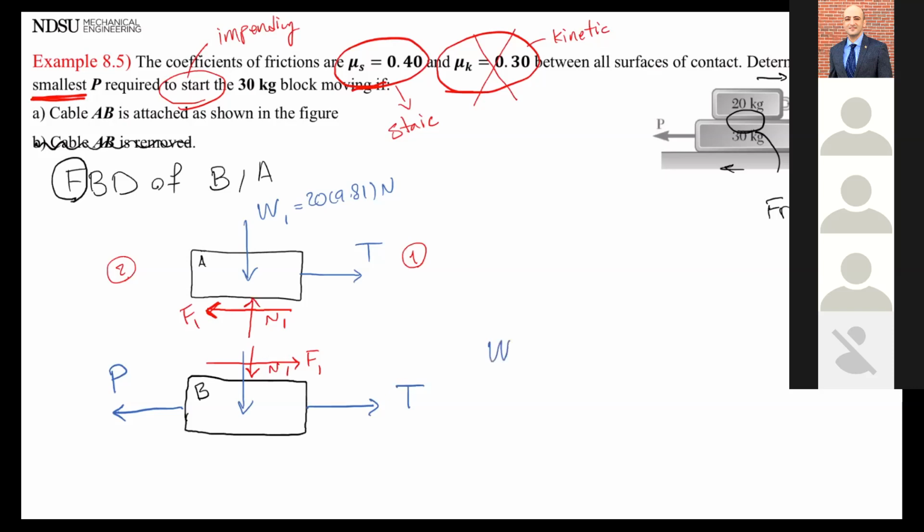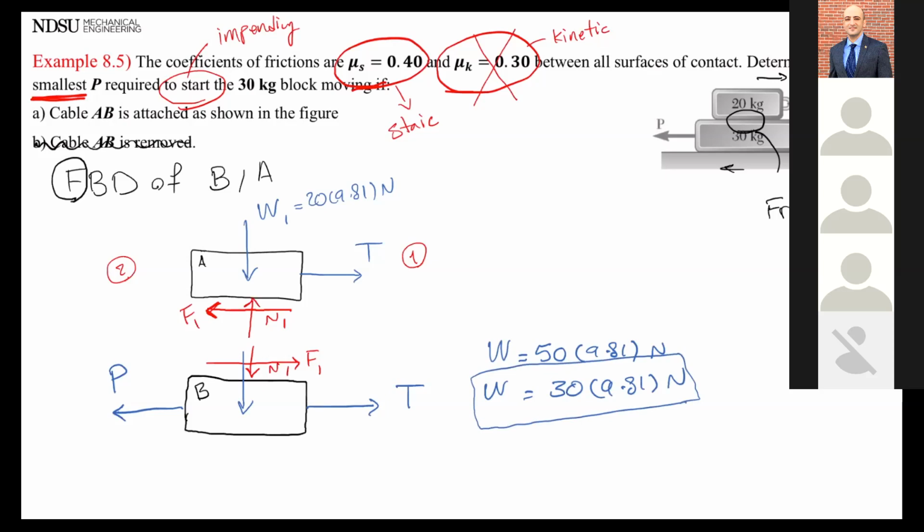Is my weight 50 kilogram or is my weight 30 kilogram? 30 because the other 20 is included in the normal force. Okay, so Merrick says 30.